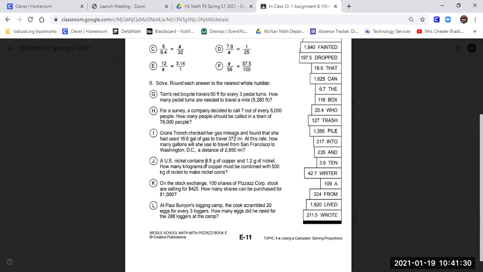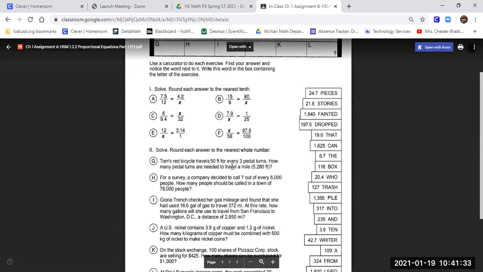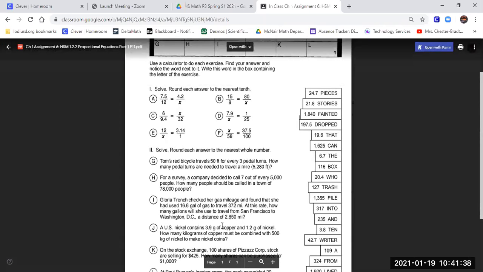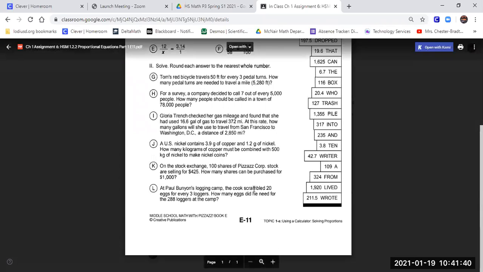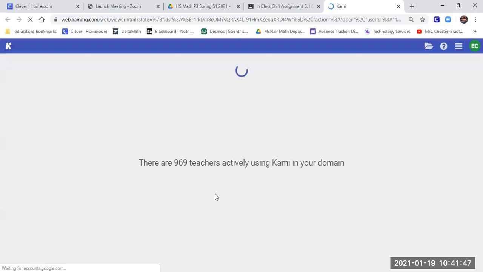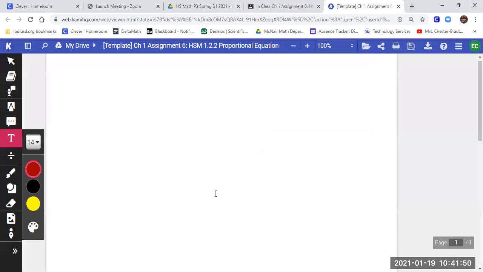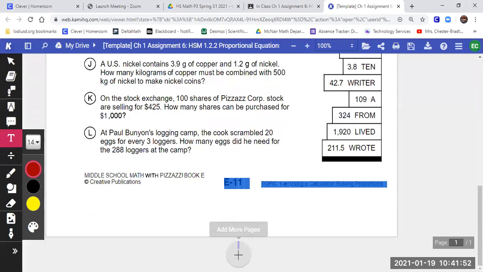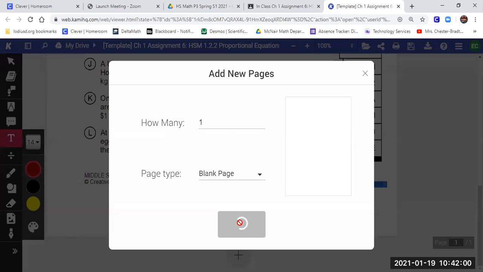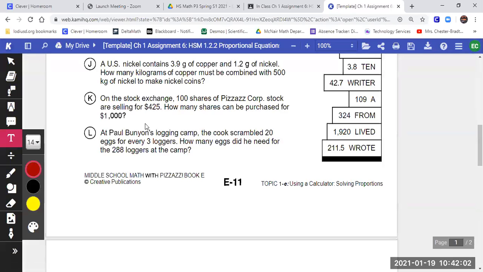So you don't see it yet because I haven't done it yet. Now, if you notice there's not enough space here, so one of the things that's nice in Kami is that I'm going to add a blank page at the bottom.